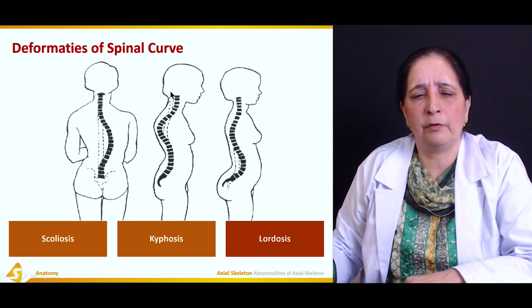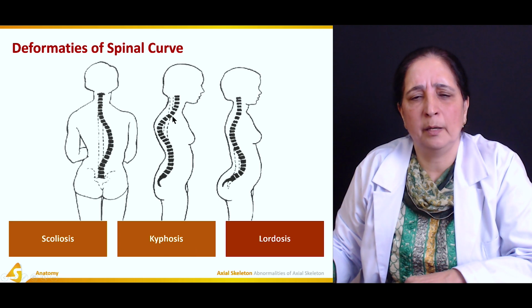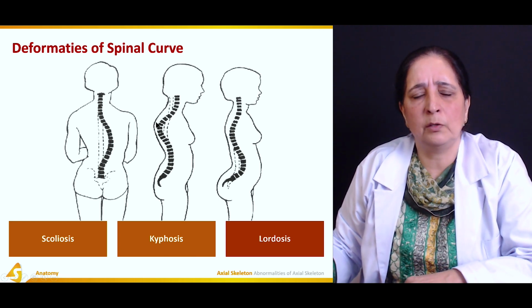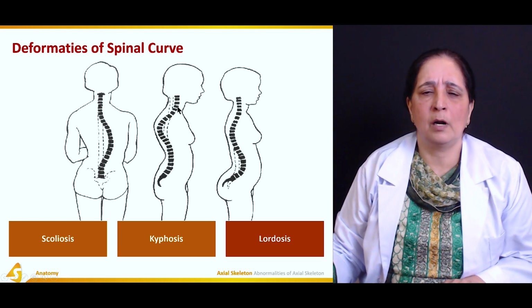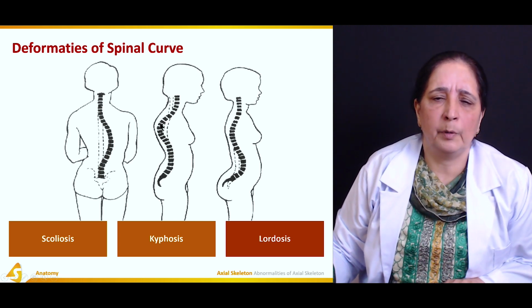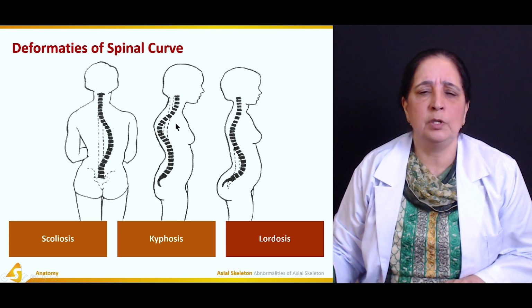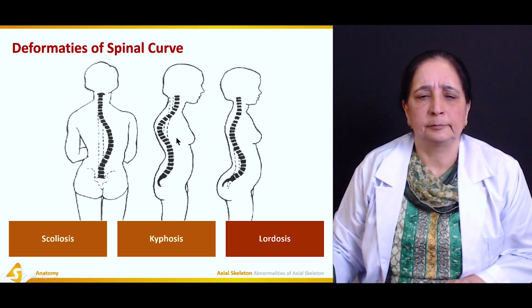So this deviation going posteriorly is kyphosis, also known as hunchback or humpback. It's drooping of the upper part of the body. Kyphosis can lead to different breathing problems and things like that.